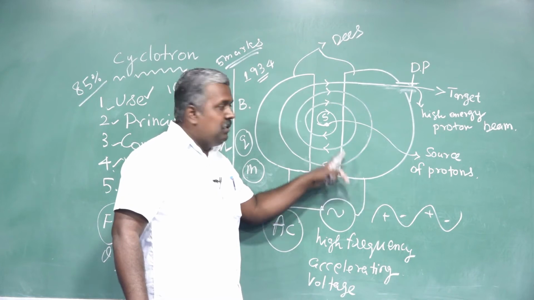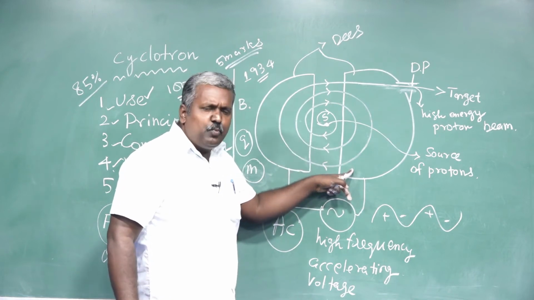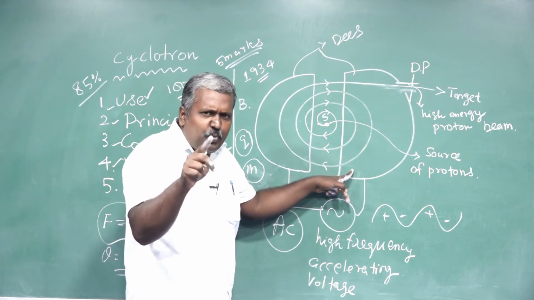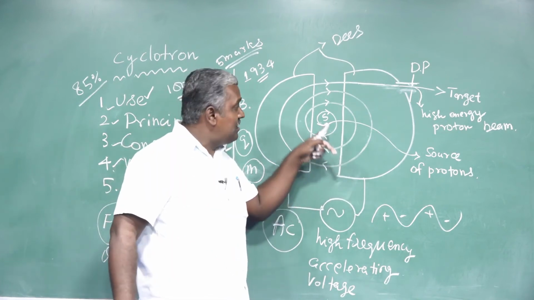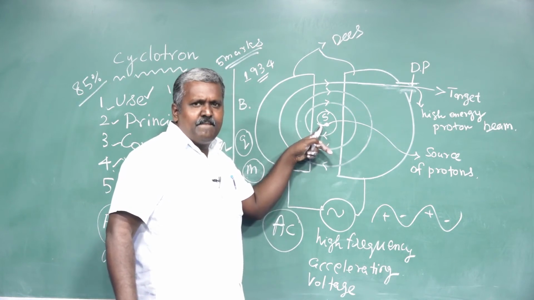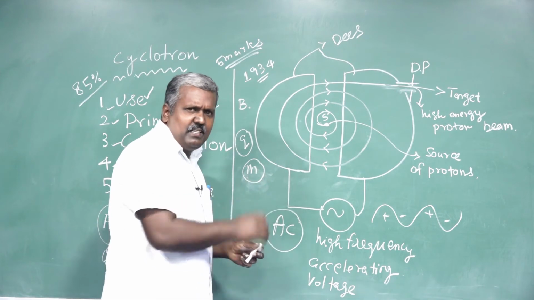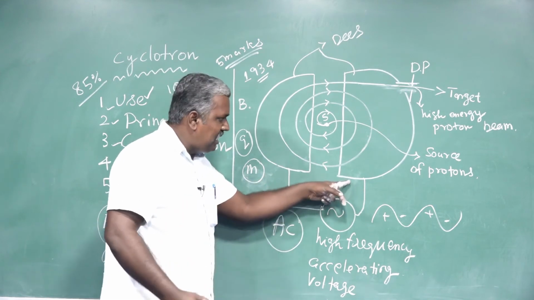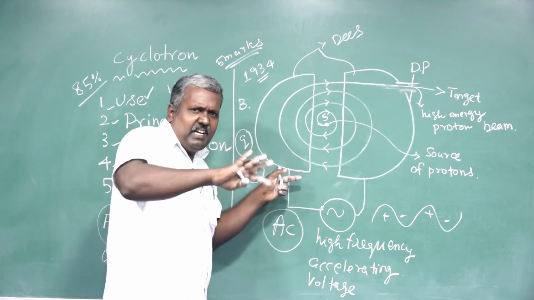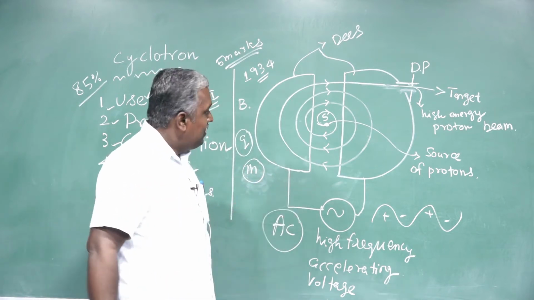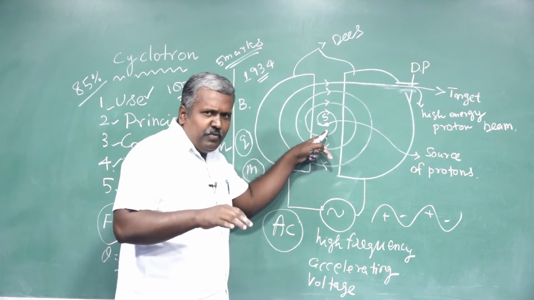Okay, it moves towards the negative potential, the D having negative potential at that instant. I am correct or not? Because this is a positive ion. Now the polarity of the Ds gets reversed. First this is negative and positive, positive and negative, alternately reversed. Now the ion is already moving in a circular path.